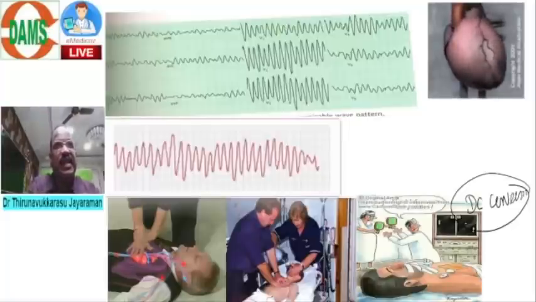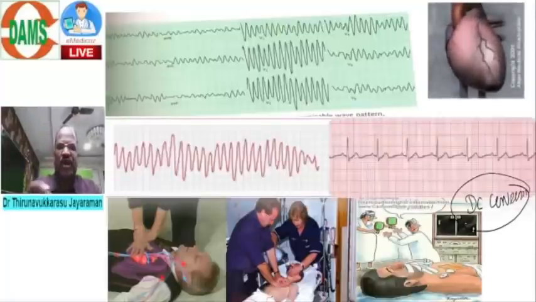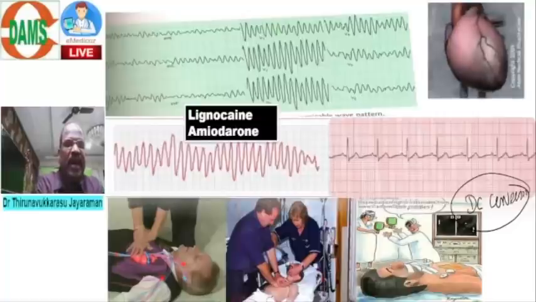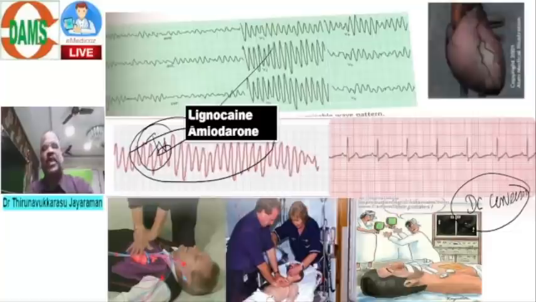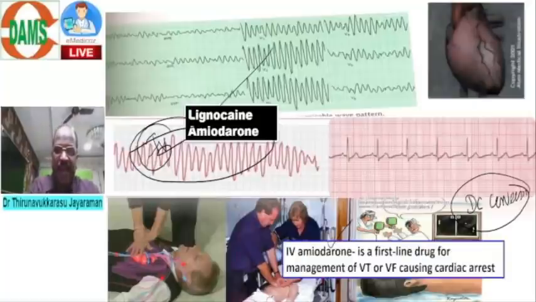Whereas when they ask for drug of choice, IV amiodarone is the best choice. Or else we can go for lignocaine. So what ACLS, Advanced Cardiac Life Support Guidelines, says is IV amiodarone is the first line drug of choice for treatment of VT or VF causing cardiac arrest. So for your question, go for IV amiodarone.